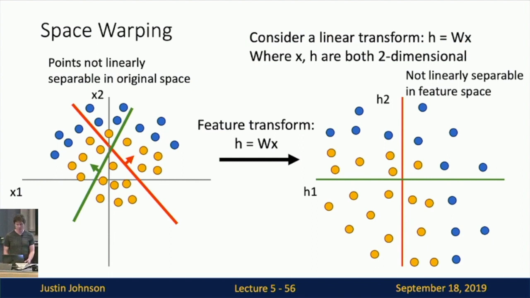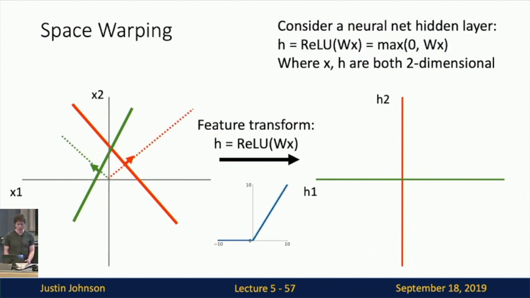We will still be unable to separate this particular data set linearly if we use a linear feature transform. Well, now let's think about what happens once we apply this ReLU function. In our input space, we still have these 4 lines corresponding to the 2 rows of the weight matrix, and they still carve up our input space into these 4 quadrants. But now, because of this nonlinear ReLU function, the way in which these 4 quadrants get transformed will all be different.